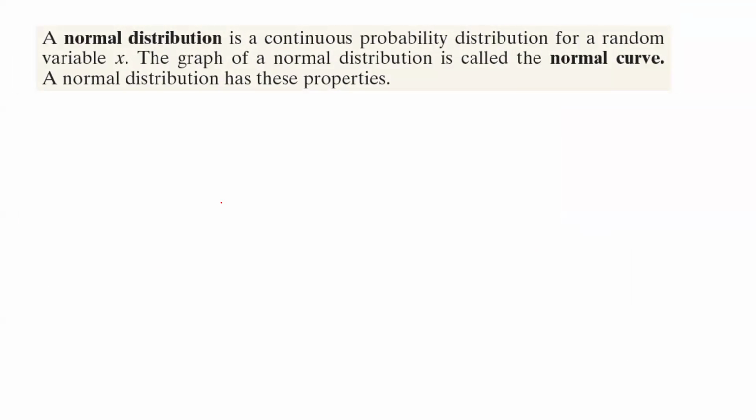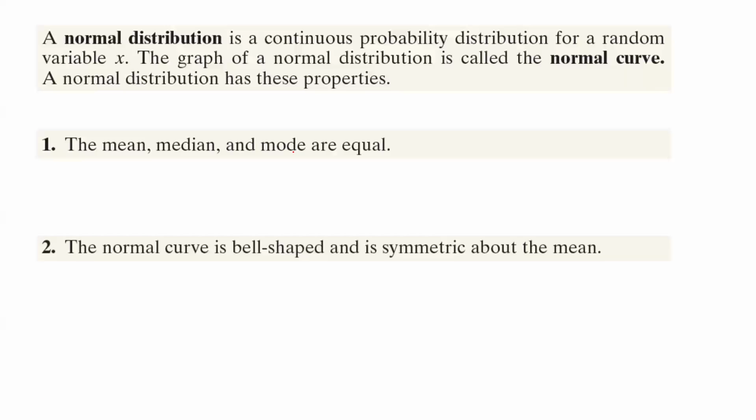What is a normal distribution? A normal distribution is a continuous probability distribution for a random variable like x. The graph of a normal distribution is called the normal curve. A normal distribution has important properties. First of all, the mean, median, and mode are all equal to each other.